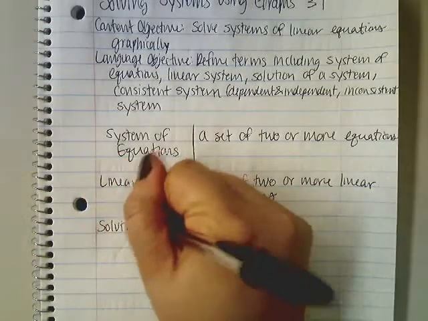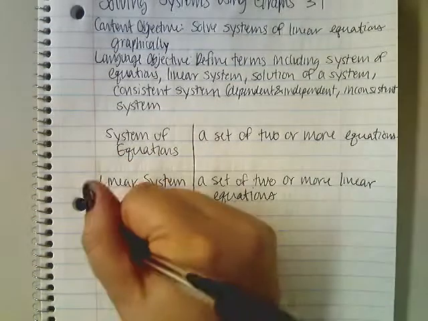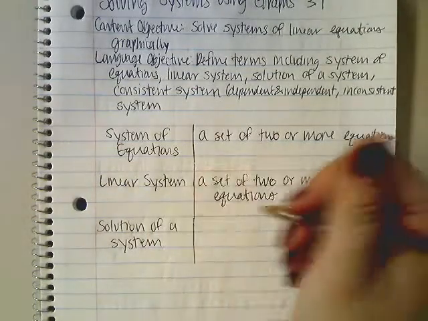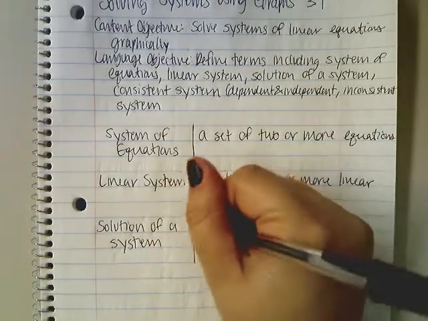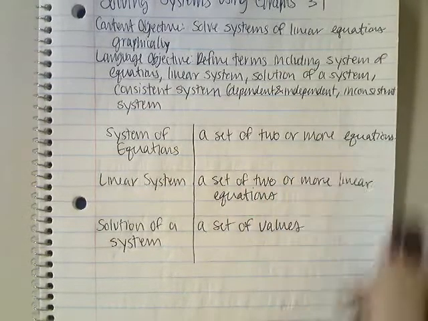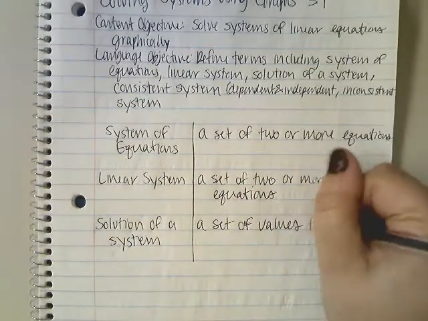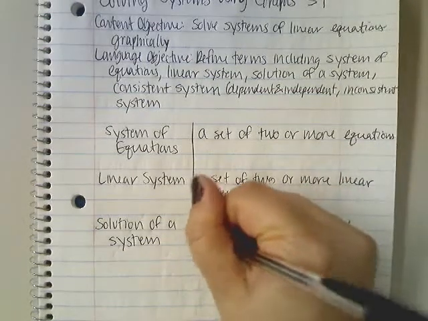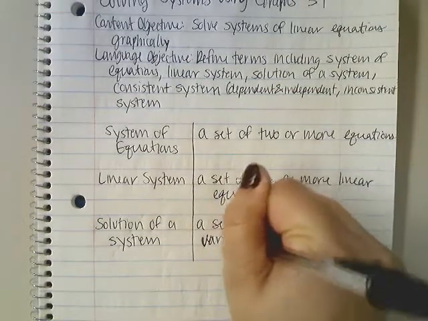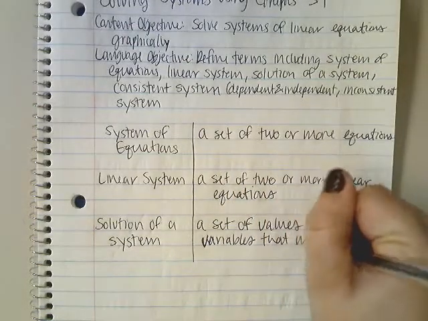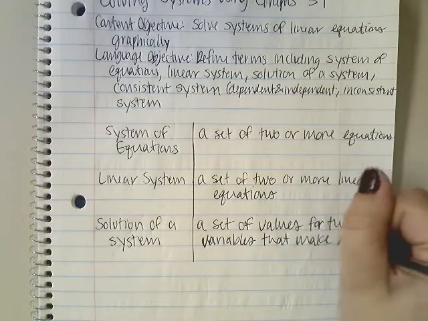So the solution of a system, or the solutions of a system, are a set of values for the variables that make all the equations true.